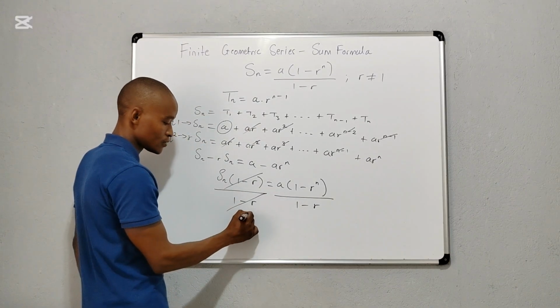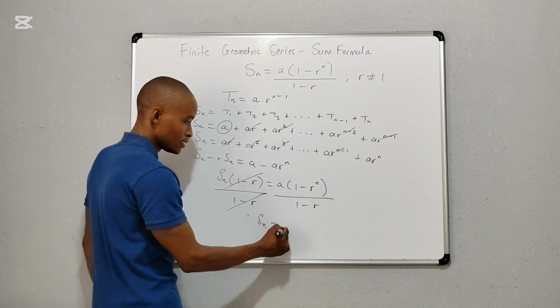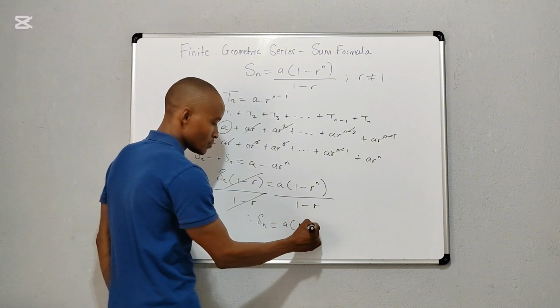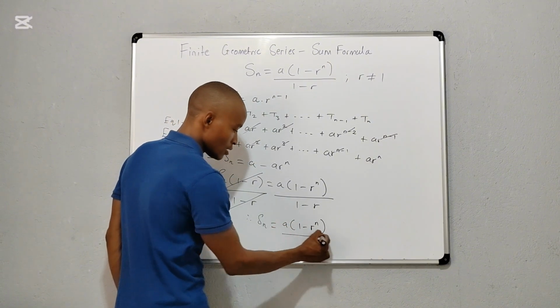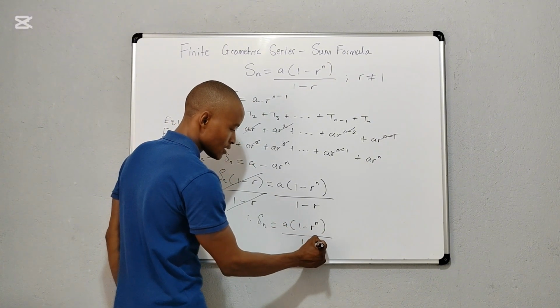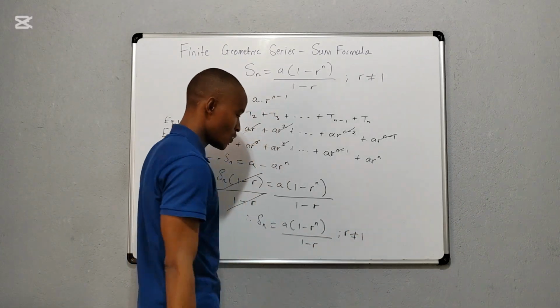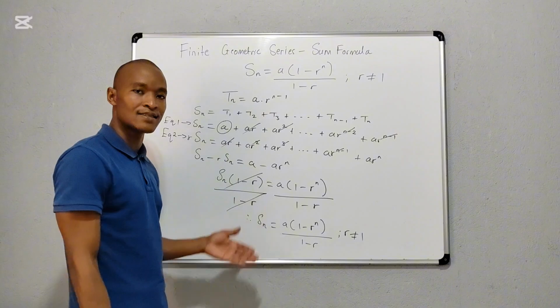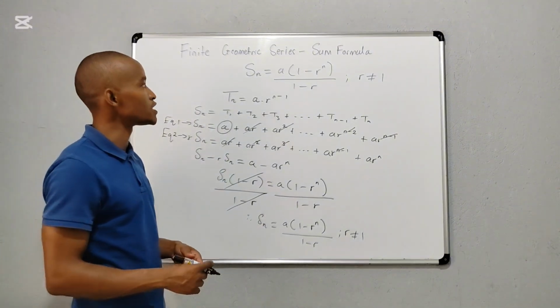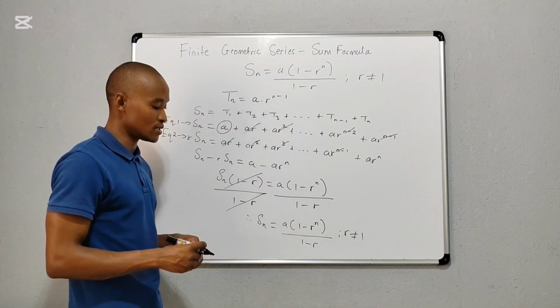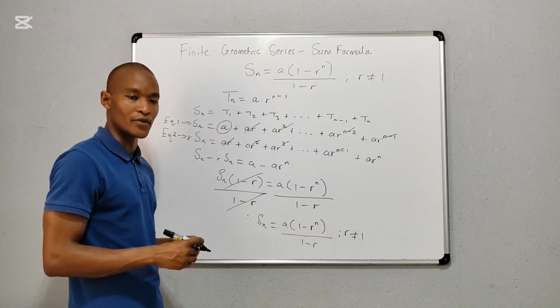Cancellation there. So therefore we have Sn is equal to a(1 minus r to the power n) over 1 minus r, and yes, r is not equal to 1. And that is the simple derivation process for a finite geometric series sum formula.